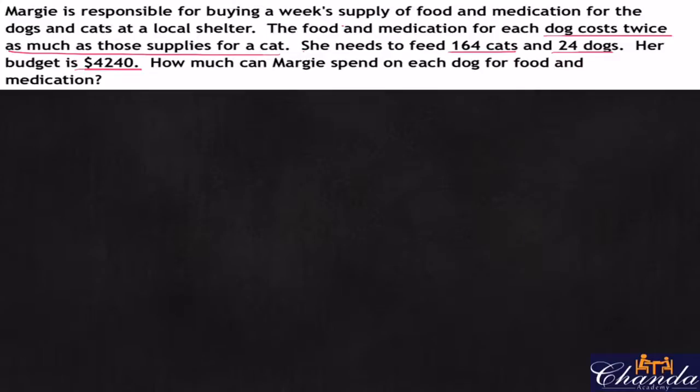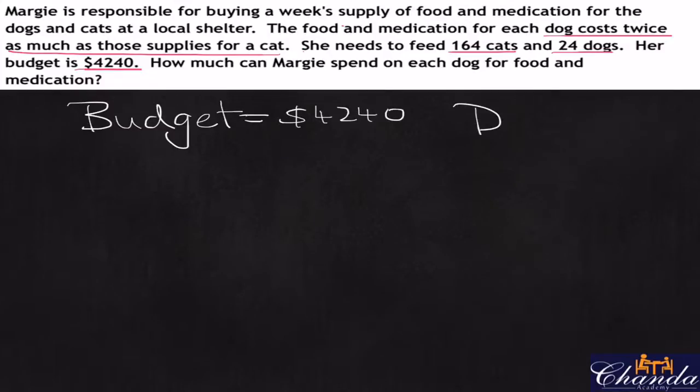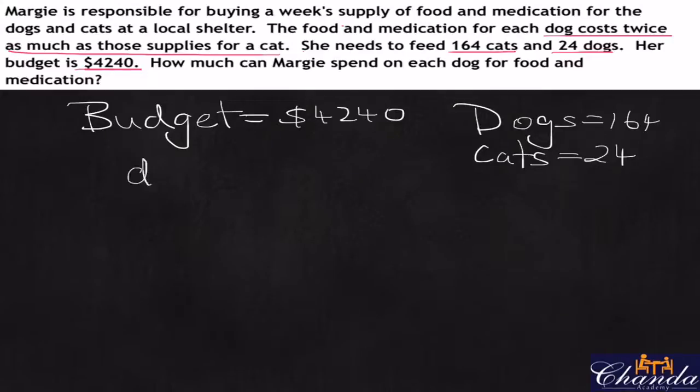So we have a budget, which equals 4,240. We have the number of cats at 164. We have the number of dogs at 24. Now, as it says, the amount of money that you spend on the dog is actually twice as much as that on the cat. Now, dog can be D and cat can be C in this case. And the other part is there are 164 cats and 24 dogs.